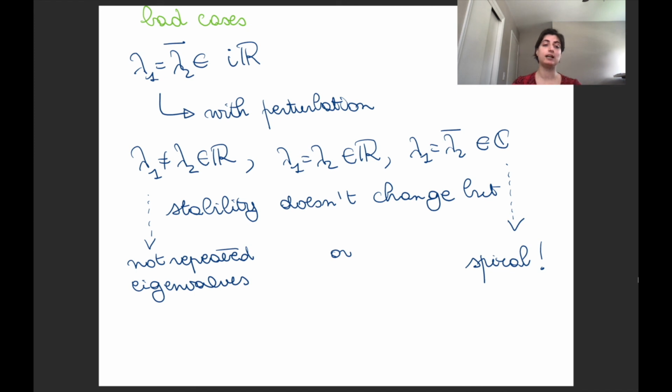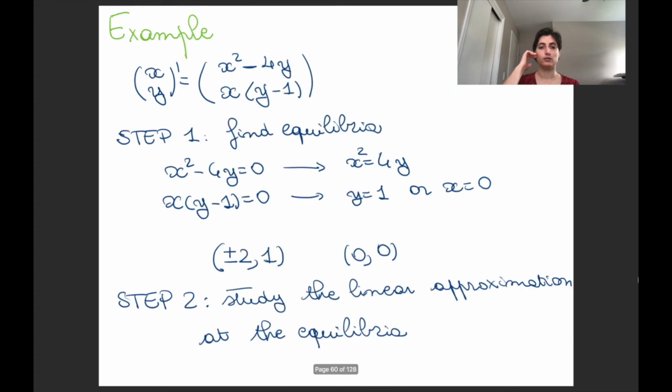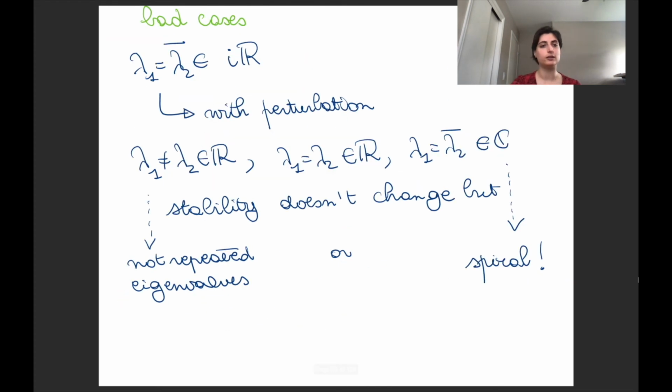What happens if we have the bad case that lambda 1 is purely imaginary? A little perturbation. Oh, sorry, this slide is not correct. A little perturbation can add something on the real parts.